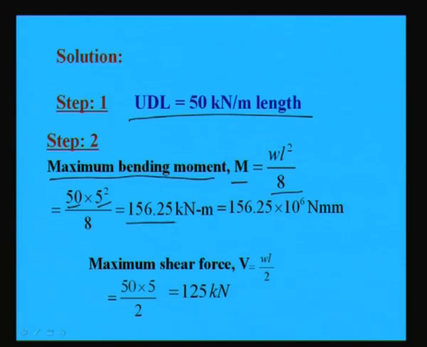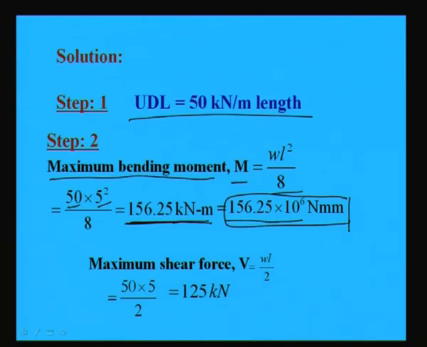After calculating this we will get 156.25 kilonewton meter, or 156.25 into 10 to the 6 Newton millimeter. So, the maximum bending moment against which we have to design the section is now known.